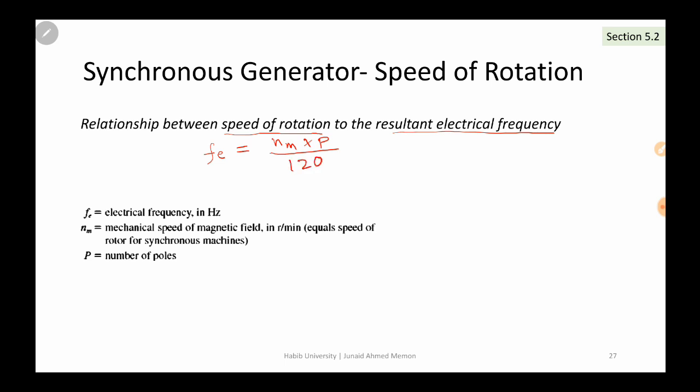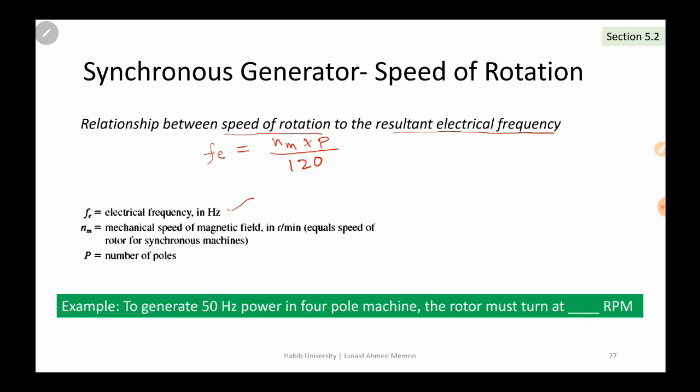So it was just a scaling factor. In this equation, electrical frequency is in hertz, Nm is the mechanical speed in RPM, and P is the number of poles. So that will be our electrical frequency.